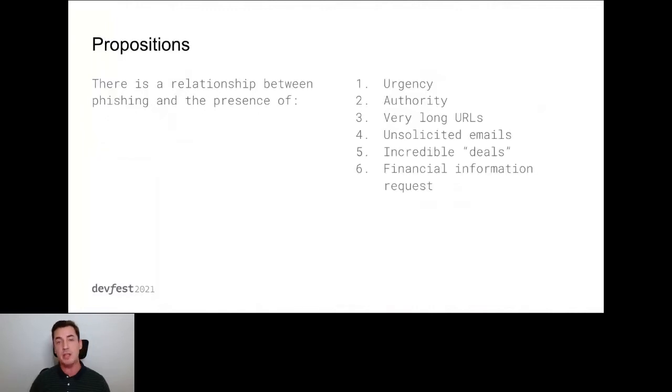The way we identify these phishing emails is that there must be a relationship between the phishing and something inside. For us to think about how we will build our phishing framework, we need to think about phishing as an extraordinary event where there can be a connection between the phishing and urgency.